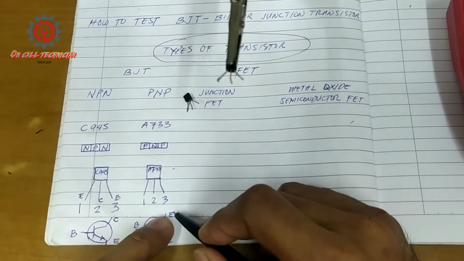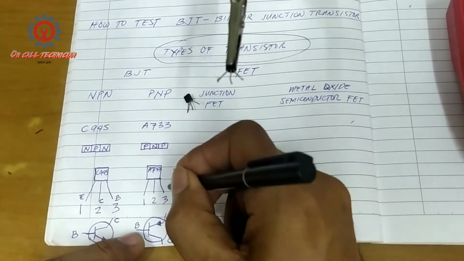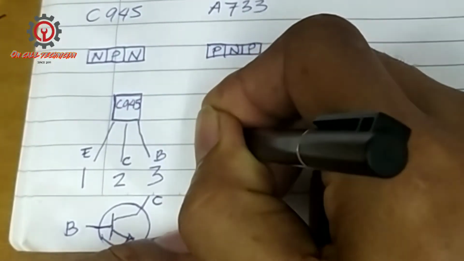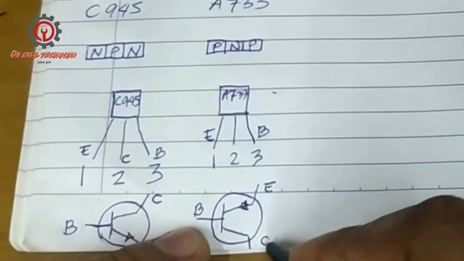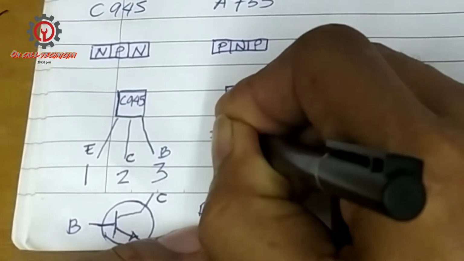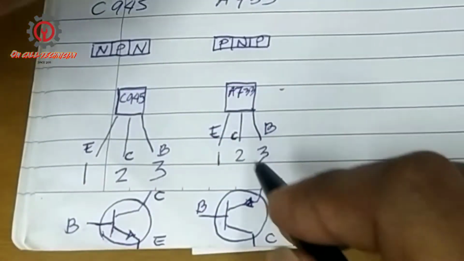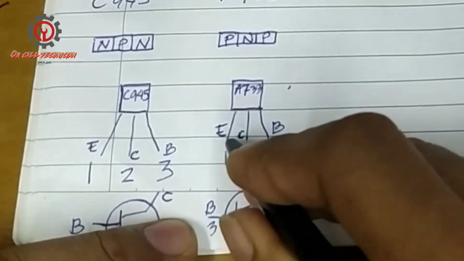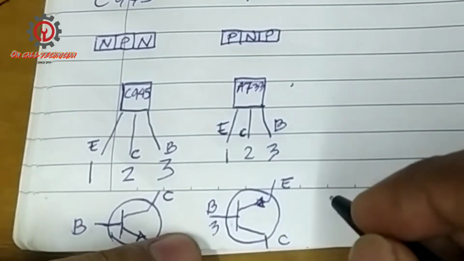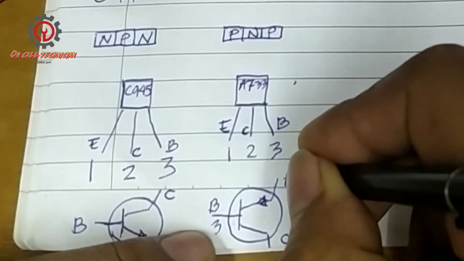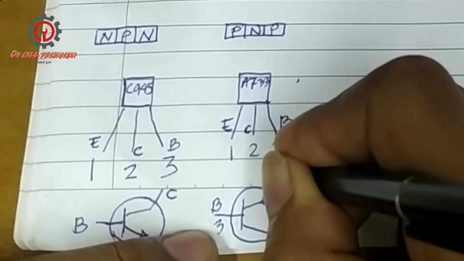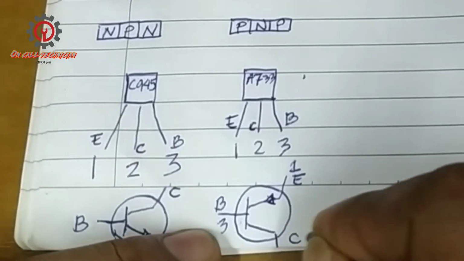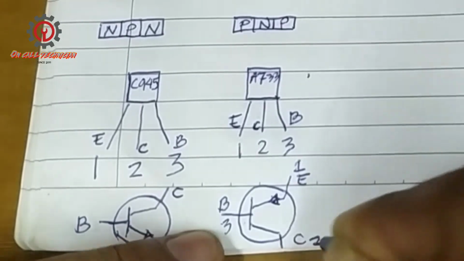And the base here is 3, and the emitter is 1, and the collector is the middle, collector. So if we're going to put a number here, the base is 3, and number 1 is the emitter, and number 2 is the collector.